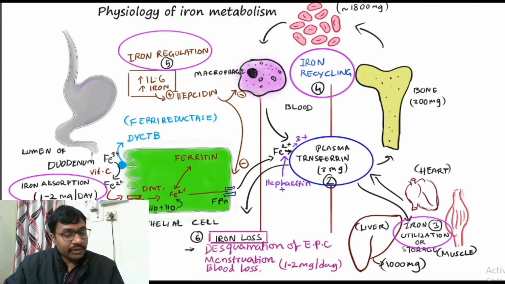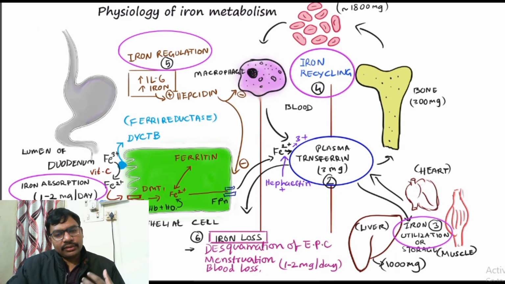The plasma concentration of the iron is approximately 3 milligrams, and once it binds with the transferrin, it is essentially channelized towards the bone.